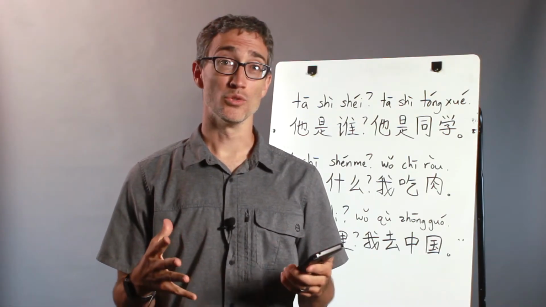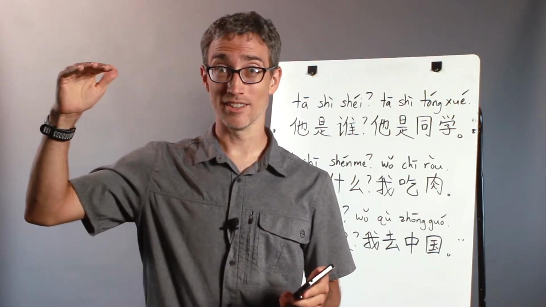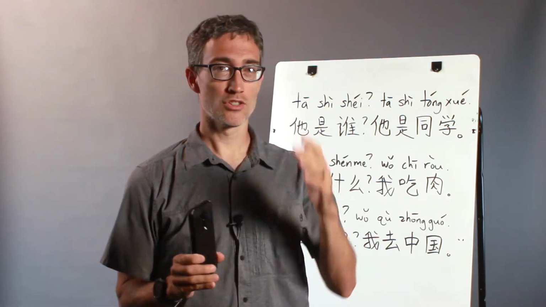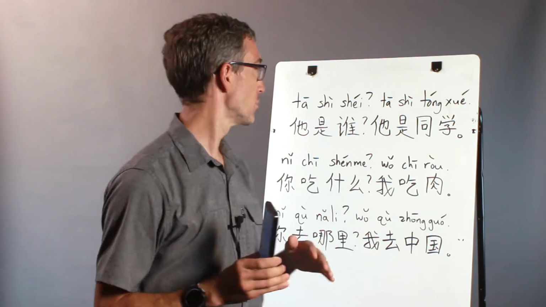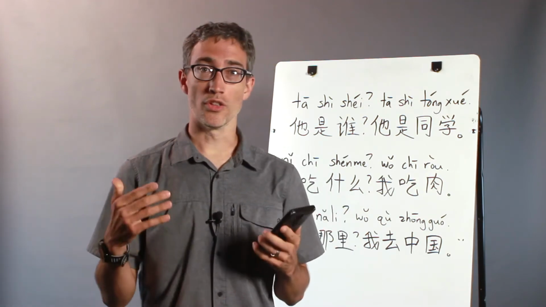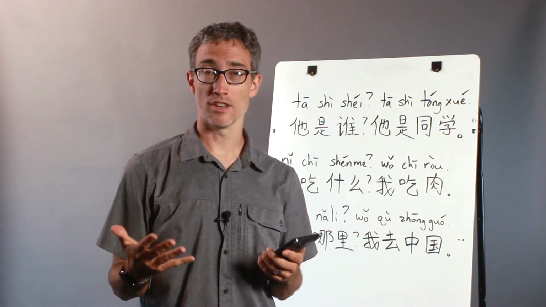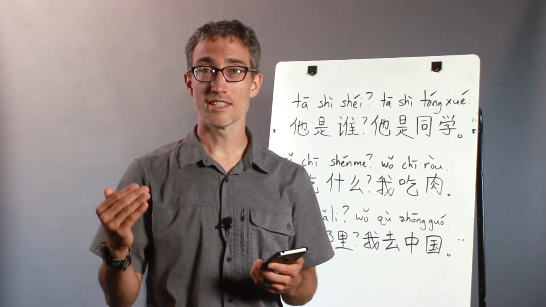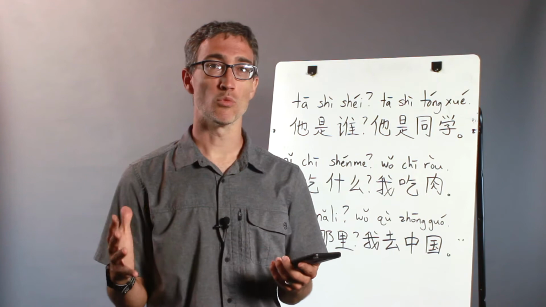Now I'm going to go a little bit higher, a little more general, and talk about questions in general. So not just yes or no questions, but any questions. And I want to make the point about the word order for questions: it doesn't change. Statements and questions always have the same word order.